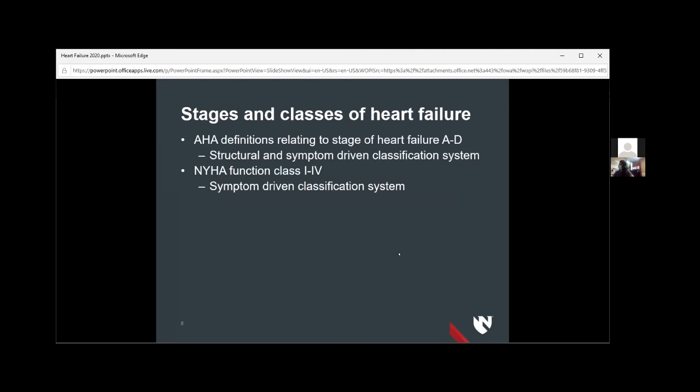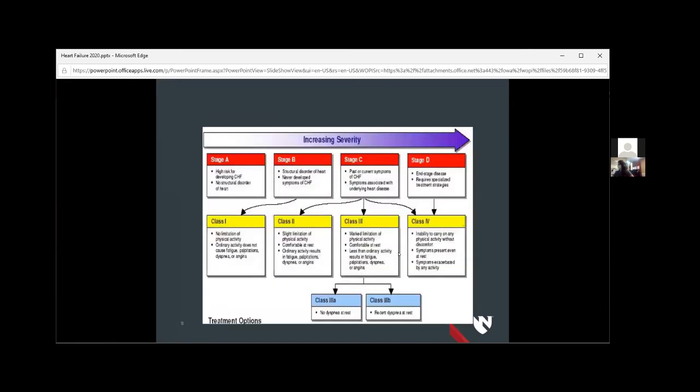So you can have a patient that one day is class 4 because they can't even do anything at rest, and when you've got them on meds and treat them, 2 days later they're a class 2 to 3, but based on the structure of the echo, they would probably remain a stage C or D. Putting those two together, with increasing severity, most of the people that you see on the advanced heart failure service are probably a C or D, class 3 or class 4.